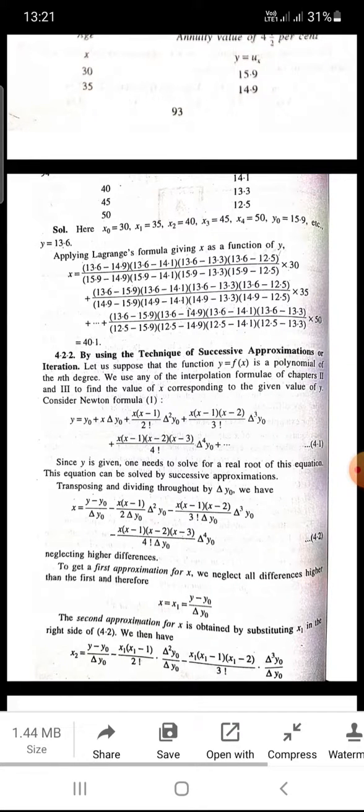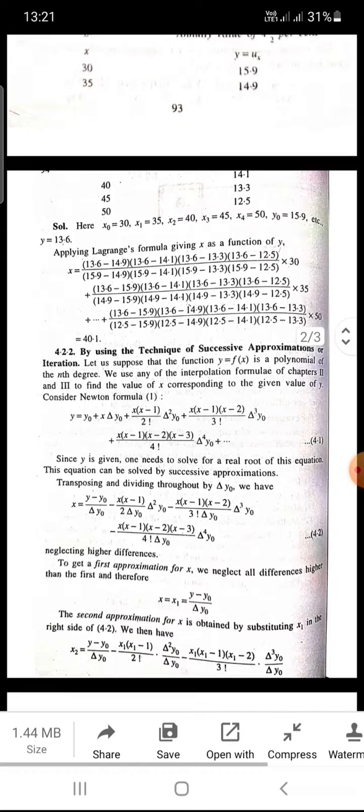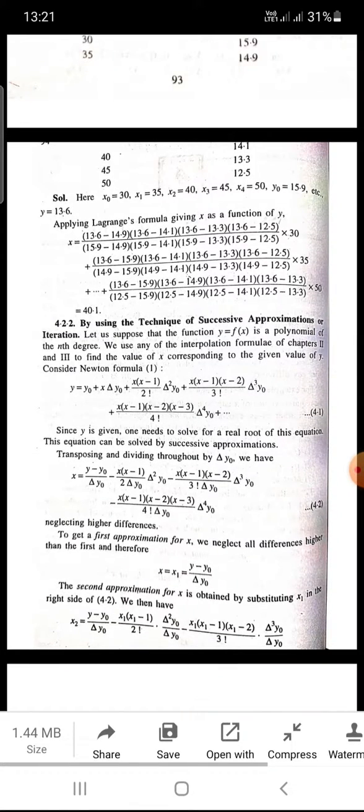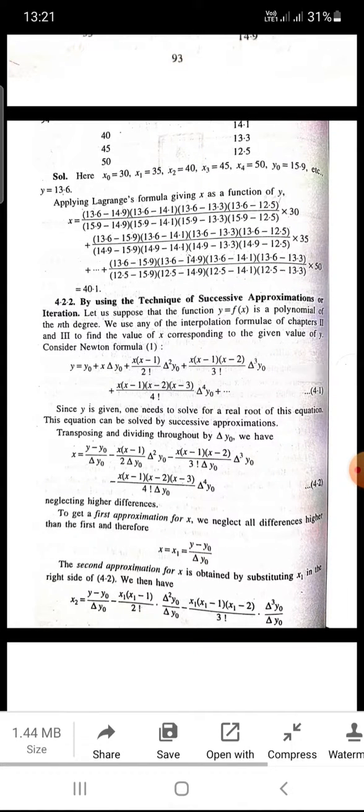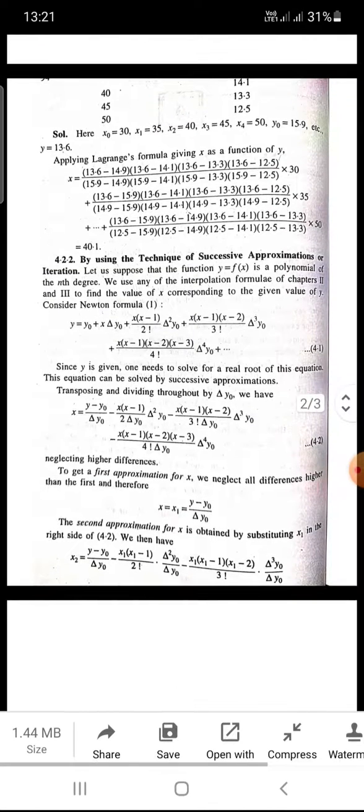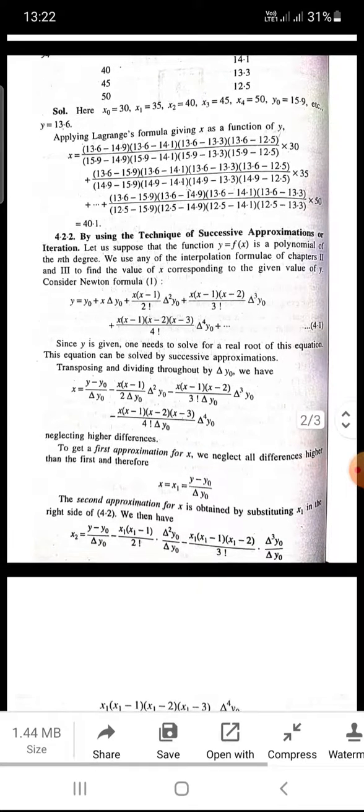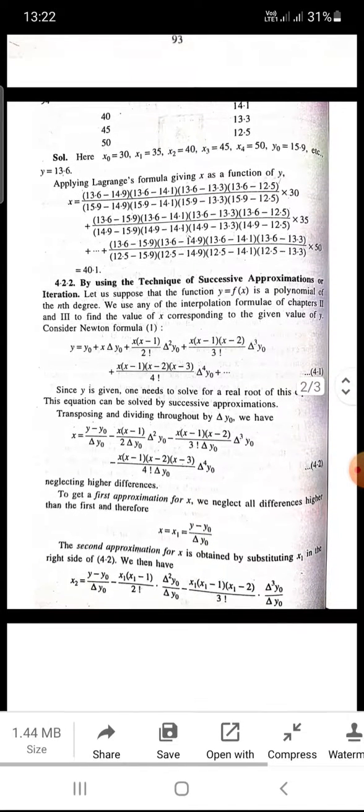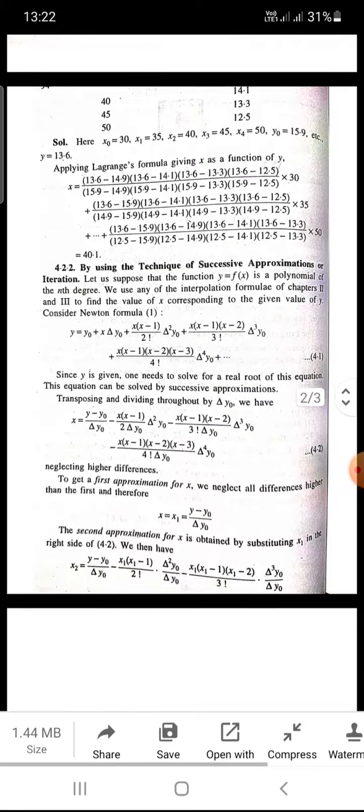Considering this formula, y is equal to y0 plus x del y0 plus x into x minus 1 upon factorial 2 del 2 y0 plus x into x minus 1 into x minus 2 upon factorial 3 del 3 y0, and so on. Since y is given, one needs to solve for a real root of the equation. This equation can be solved by successive approximation.